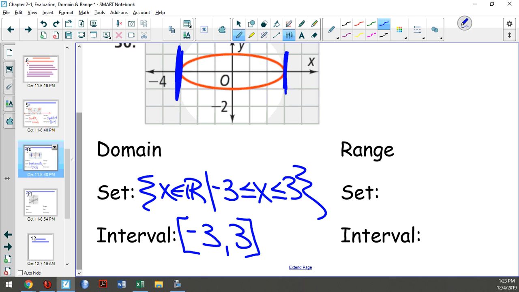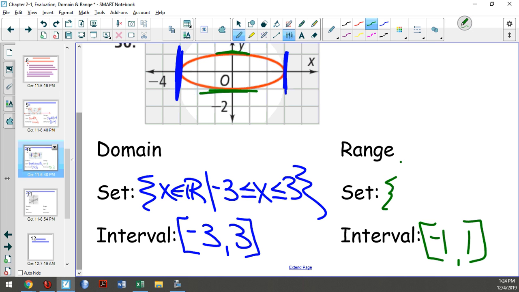Okay, now range. How do I read range? Bottom to top. So I'm chugging along here, and where do I run into my y-axis, the graph? At -1. Can it be -1? So bracket. Where do I stop running into it? At +1. And it can be that. So now how do I write the set notation? Cameron? Brace.